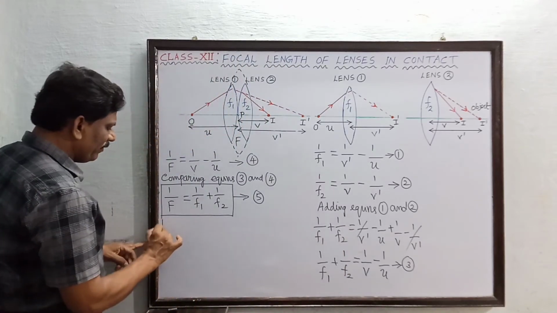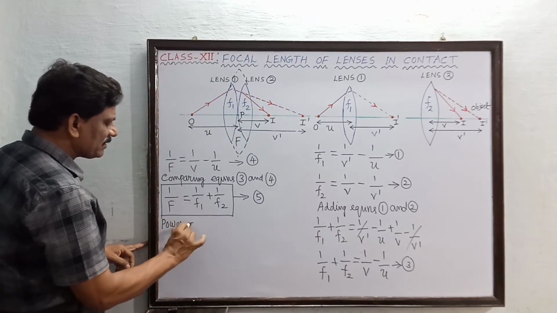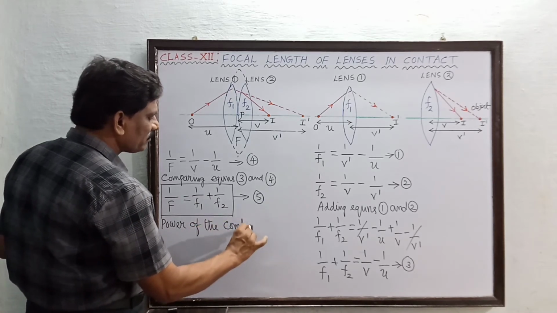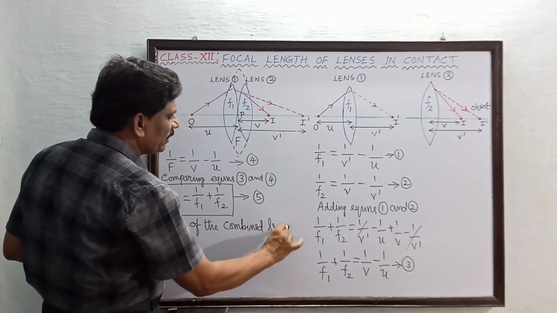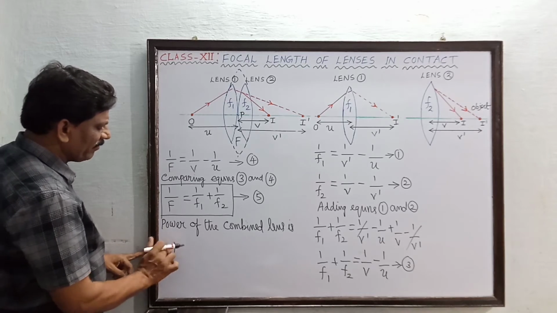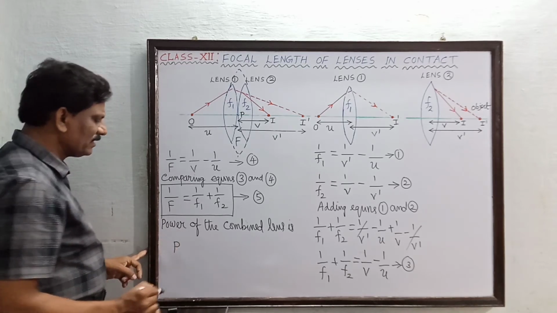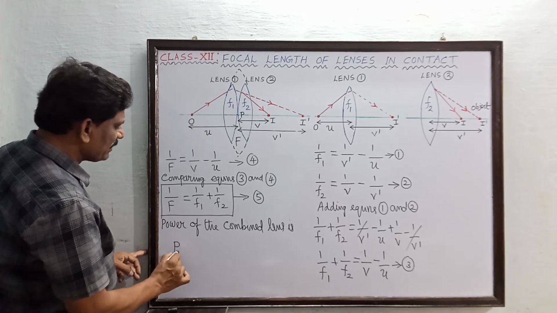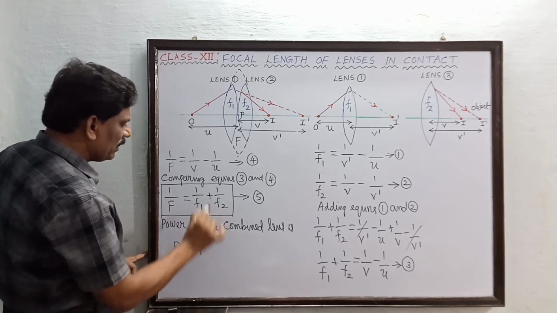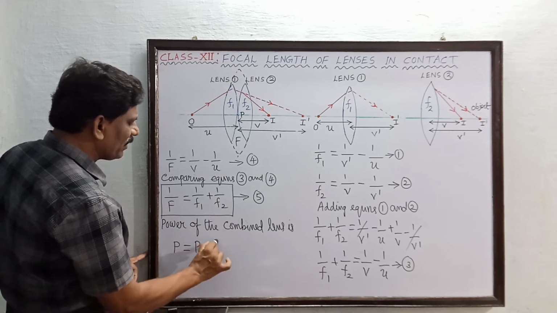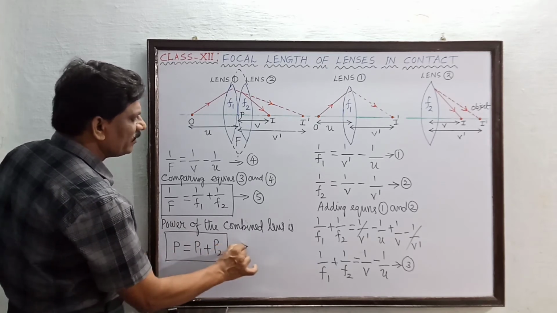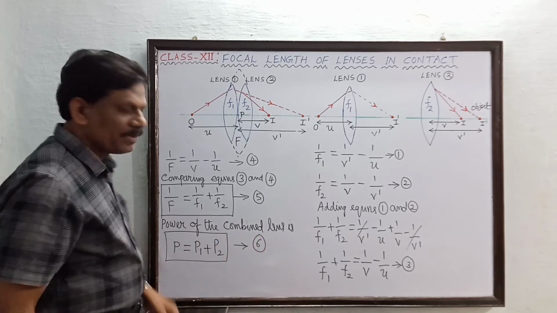Therefore, the power of the combined lens is given by the reciprocal: 1 by f is equal to power P. So 1 by f1 is power P1 plus 1 by f2 is the power of the second lens P2. So this is another equation which is required to solve numerical problems.